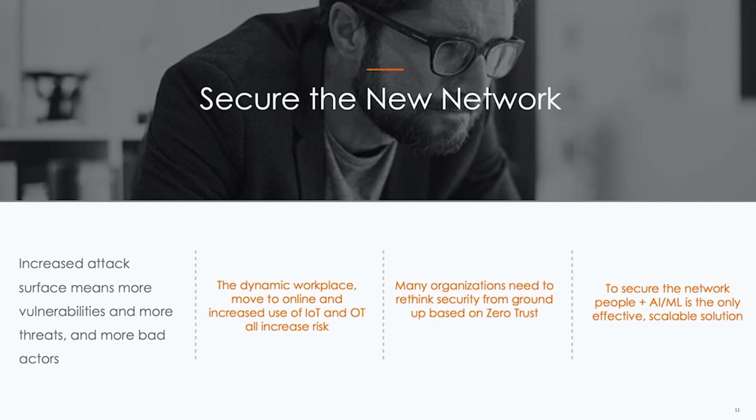And then finally, just talk about the new network, securing the new network. So the old model of perimeter defense, of trusting people who are within the network to have the level of access they need and having pretty simplistic application or server level controls has gone forever.